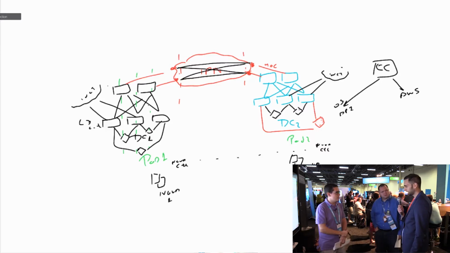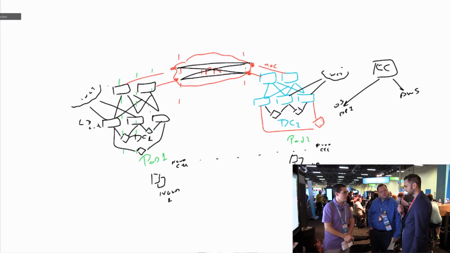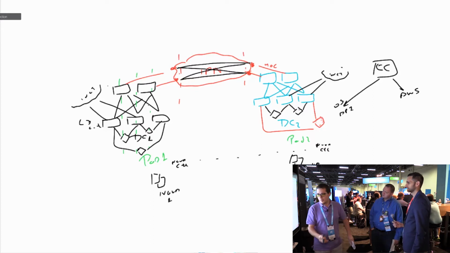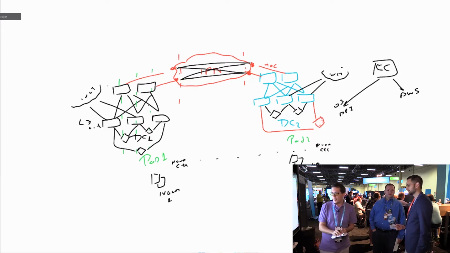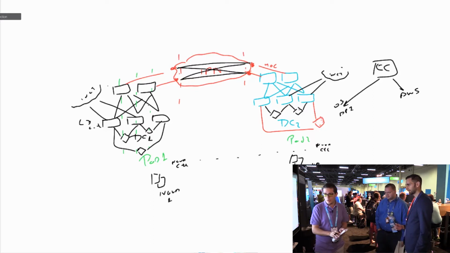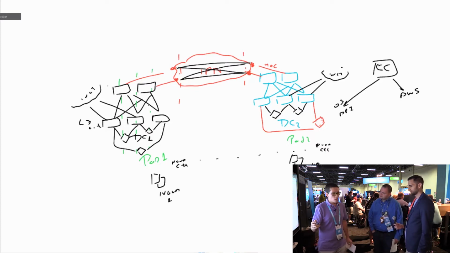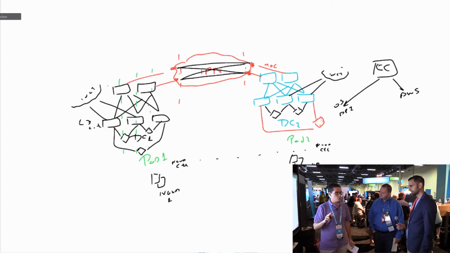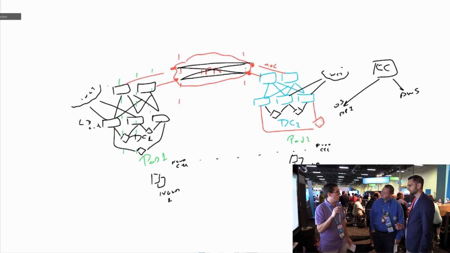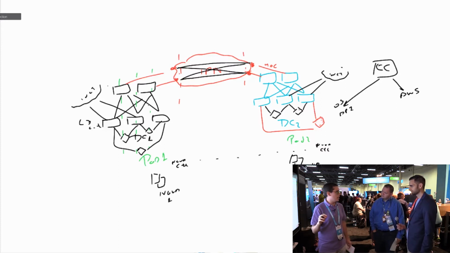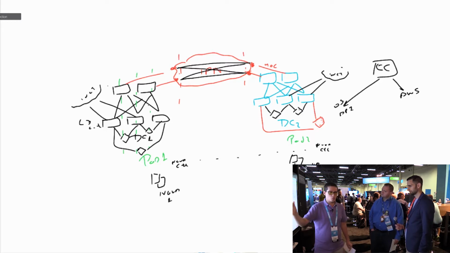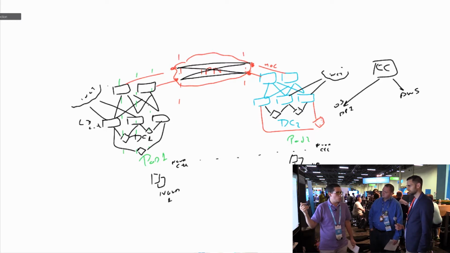Could you please explain how you implement microsegmentation? Yes. Microsegmentation, actually, I think it's not required for this, but if you want to do it, you have to have in mind two places, because you will have VMs and you will have bare metal servers. But let's focus on one data center, because on the other one it will be the same.